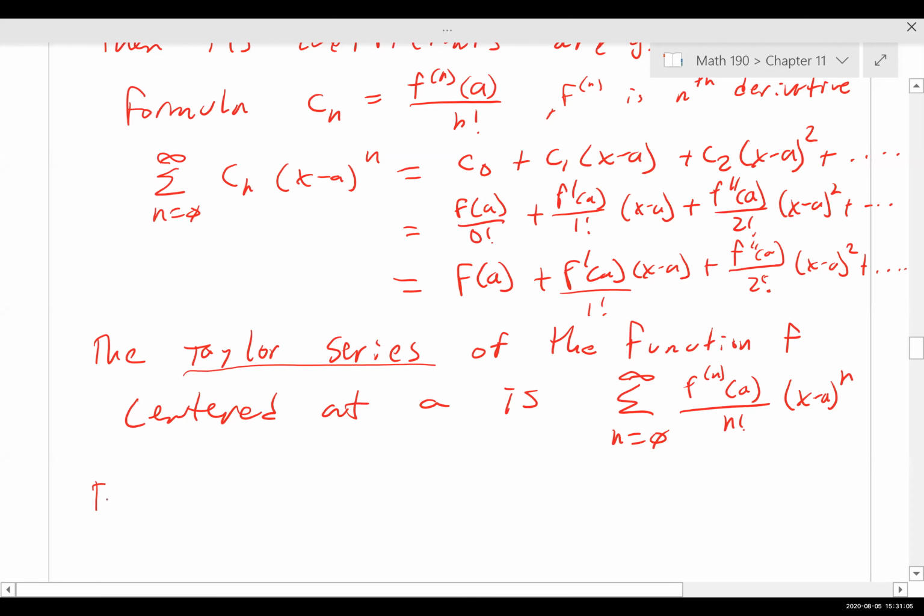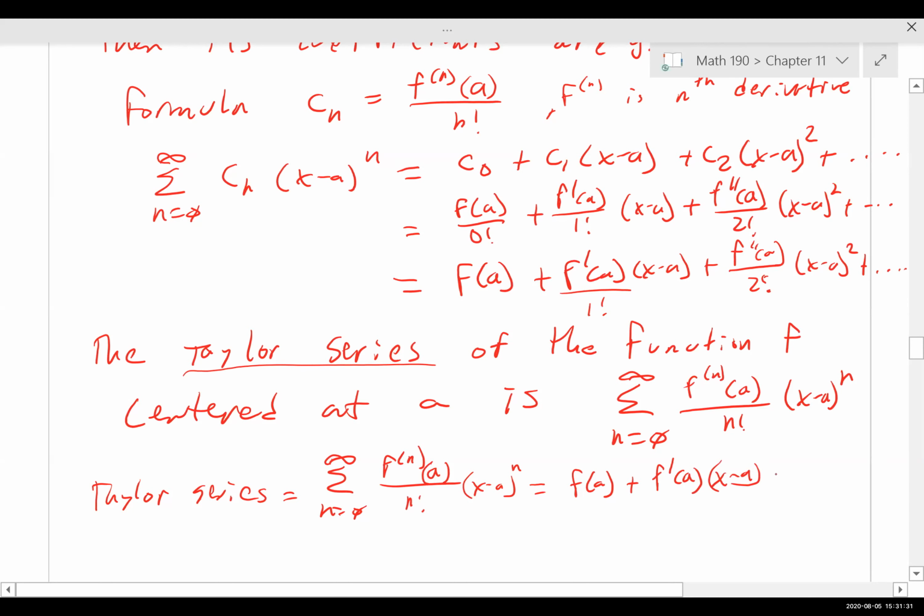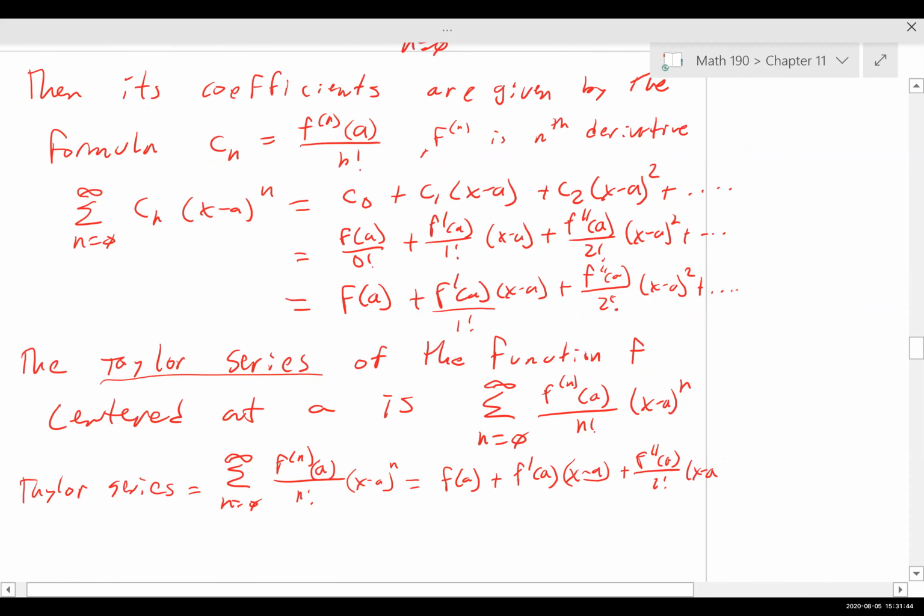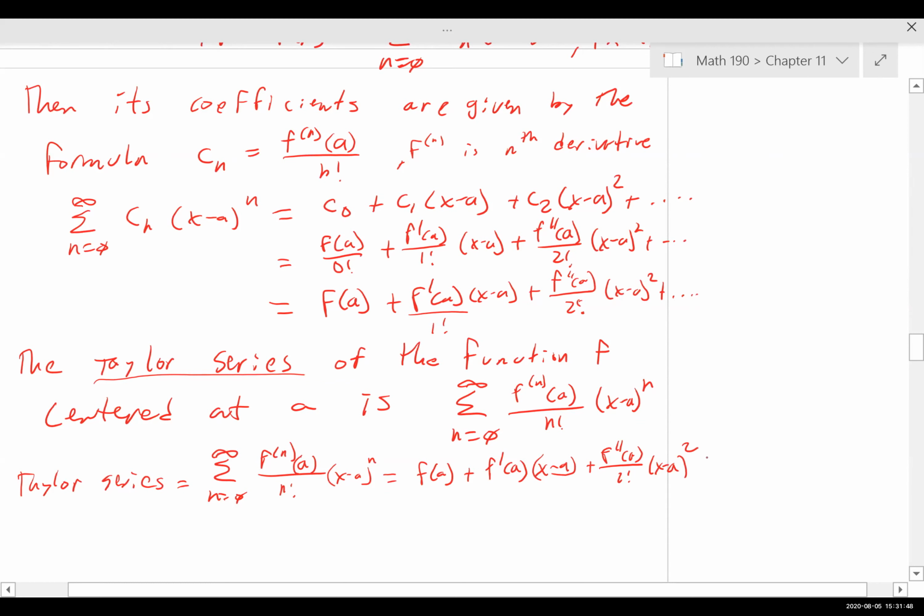So the Taylor series is equal to the summation of n equals 0 to infinity of the nth derivative of f at a over n factorial times x minus a to the nth, which is equal to f of a plus f prime of a times x minus a plus f double prime of a over 2 factorial times x minus a squared plus f triple prime of a over 3 factorial times x minus a cubed plus dot dot dot forever. So that's the Taylor series.